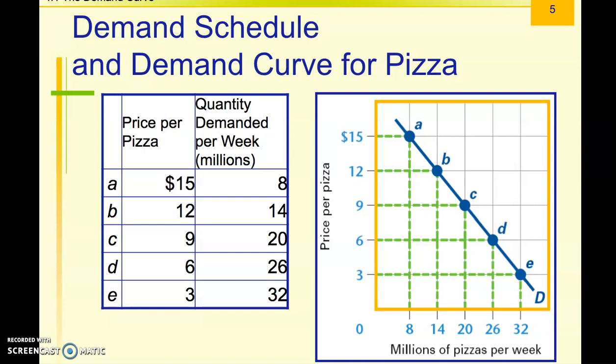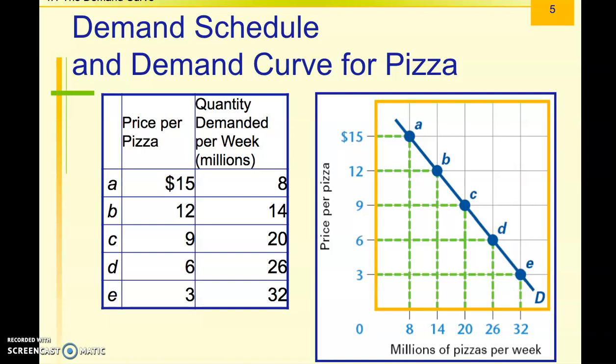This is a hypothetical demand for pizza. So if you took these numbers, let's just say this was the demand for the state of Minnesota in 1 week for pizza at various prices. You'll notice that there's 3 columns on that chart to the left. The middle column is the price per pizza.